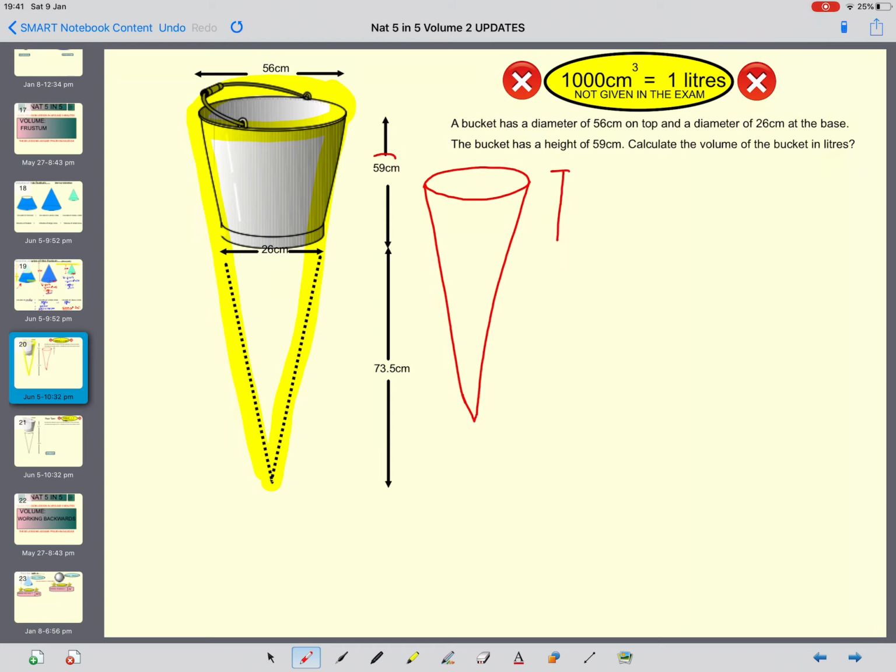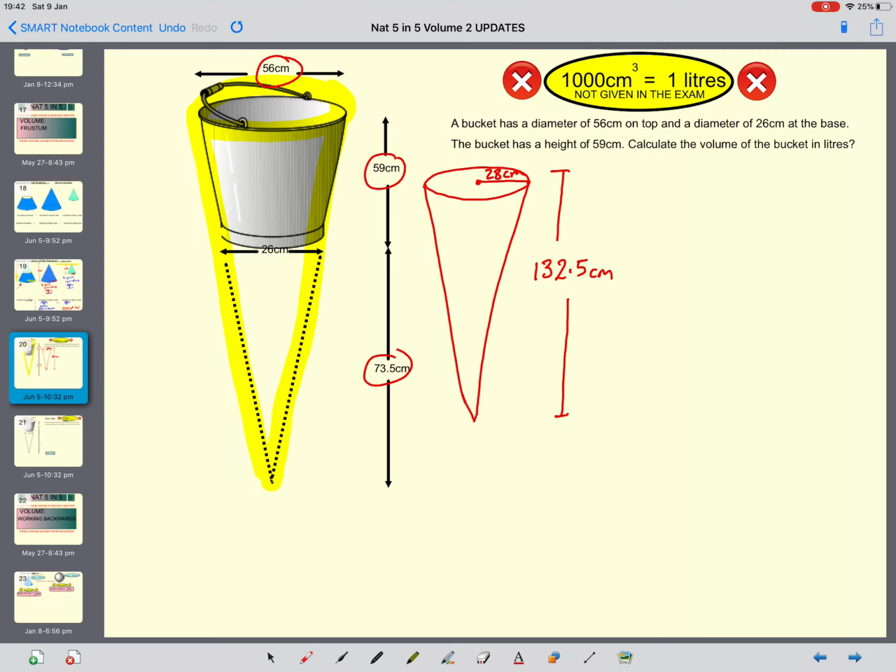So the height of that large cone is going to be these two numbers added together. So it's going to be 132.5 centimetres. Okay, and the radius is going to be 28 centimetres. As you can see, you're told the diameter is 56, so the radius is going to be 28. So please write in the right dimensions.